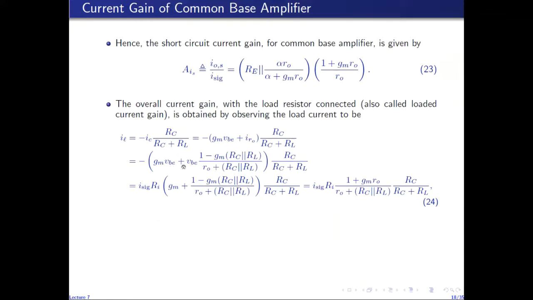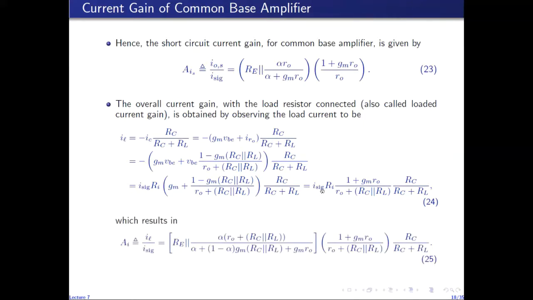VBE is again minus VI, so VBE is common. We take it outside. Minus VBE equivalently is equal to VI, which is by definition I sig times Ri. So we get this expression, or by simplifying this term within the parentheses, we get this expression for IL.